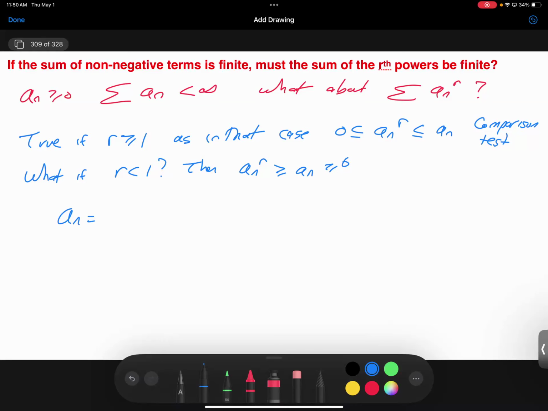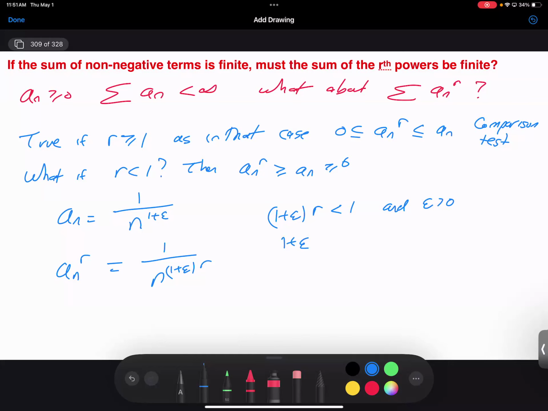So if I give you 1 over n to the 1 plus epsilon, that will converge. And then a_n to the r would be 1 over n to the 1 plus epsilon times r. So I want 1 plus epsilon times r to be less than 1. Yeah. And epsilon greater than 0.